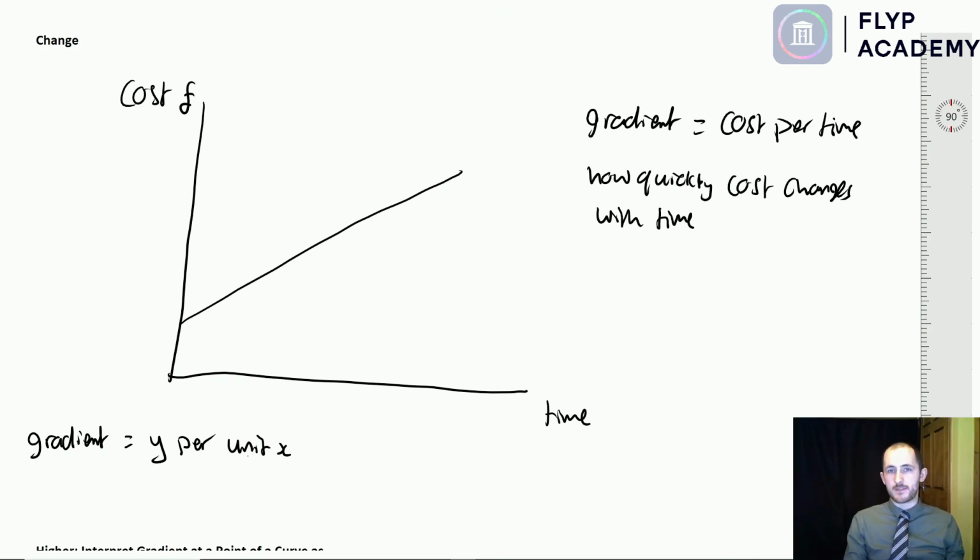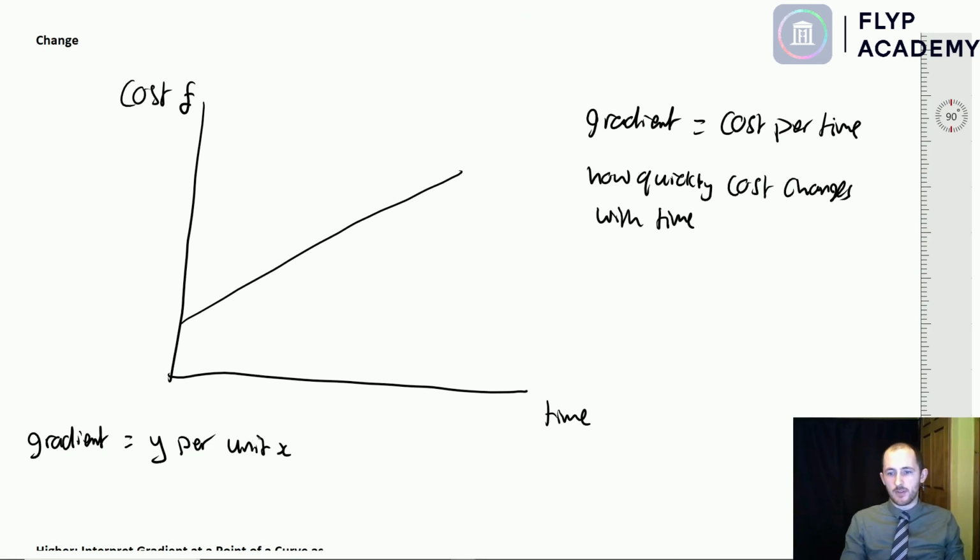You say whatever's on the y-axis per unit whatever's on the x-axis. In this case, it's cost per unit time. If this was volume and time, you'd say it's the volume per unit time. Super easy, and it will always give you a mark.